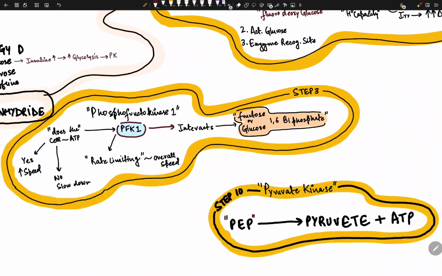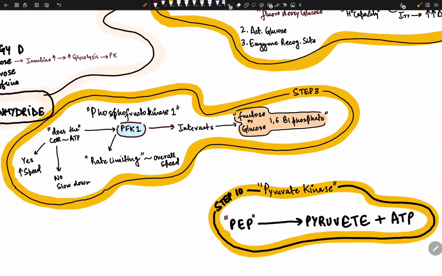Another question is, when would PFK fail? Well, PFK is going to fail if we do not have enough ATP, if our cell is depleted of ATP itself, because PFK depends upon investing ATP. And what would happen if PFK fails? Then the whole pathway is going to slow down or even stop, because it's a rate limiting enzyme.